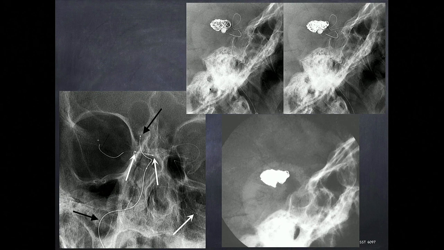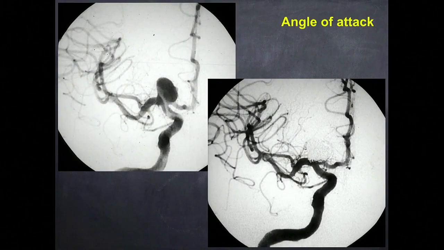You progressively fill the coils, and when you deflate the balloon, you have really a remodeling of the circumference of the termination of the ICA. This is the result. It's not a protrusion. It is just the coils which are going in the entire portion of the bifurcation of the aneurysm.